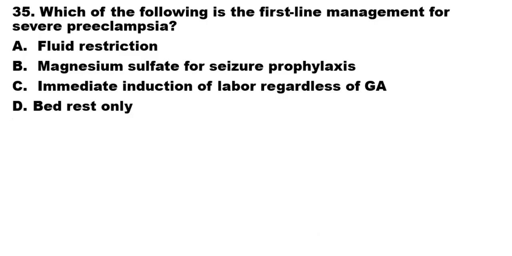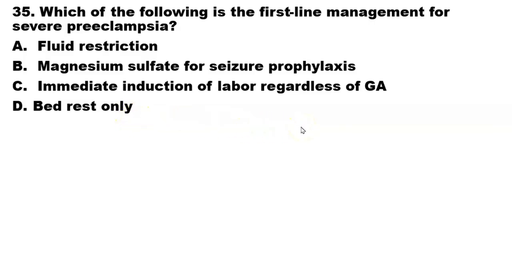The next question: which of the following is the first line management for severe preeclampsia? A. fluid restriction, B. magnesium sulfate for seizure prophylaxis, C. immediate induction of labor regardless of gestational age, D. bed rest only.